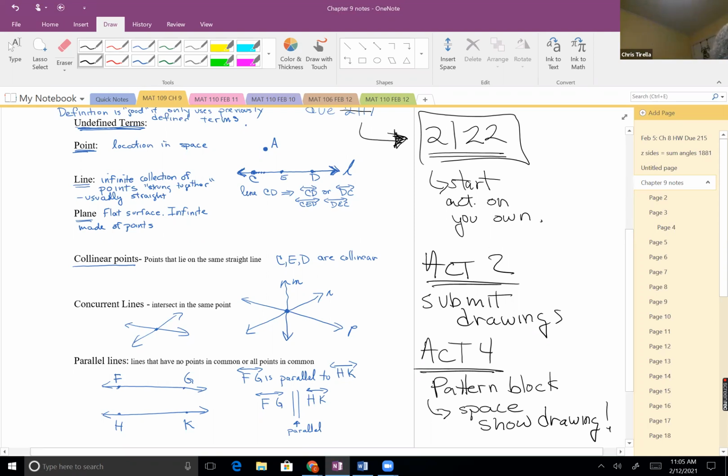You might have used those in 108 looking at fractions. Do you remember doing fractions with the pattern blocks? If you looked at the hexagon as a whole, a triangle would have been a 6th and so on. So those of you who had me for 108, I hope you remember that. Those of you who had Mr. Milazzo for 108, I'm not sure if he did that or not, but hopefully you can kind of wrap your minds around it.